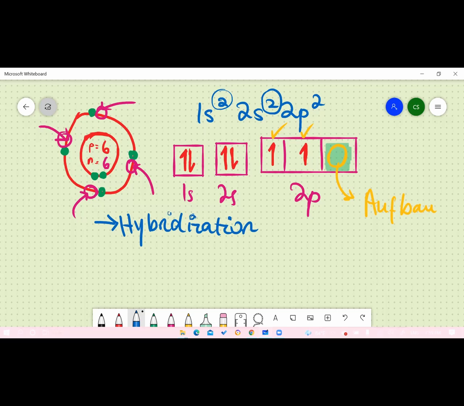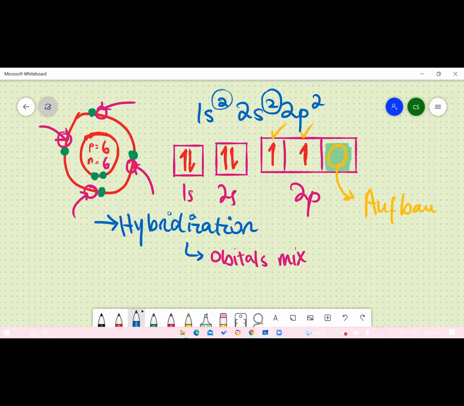Hybridization is basically where electron orbitals are able to combine with each other in order to form an equal amount of energy orbital that's between the orbitals that they have combined with each other.